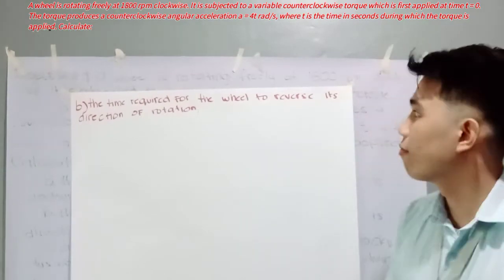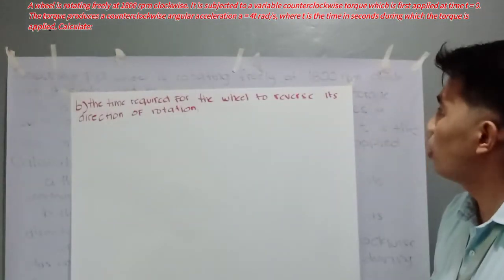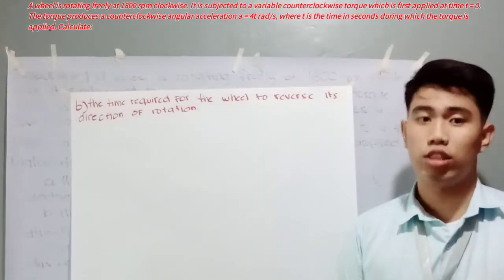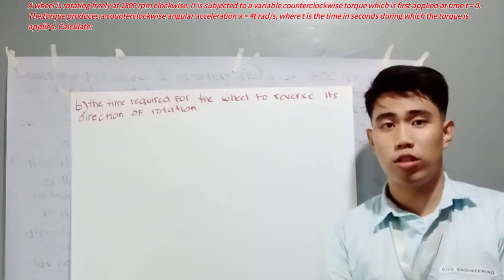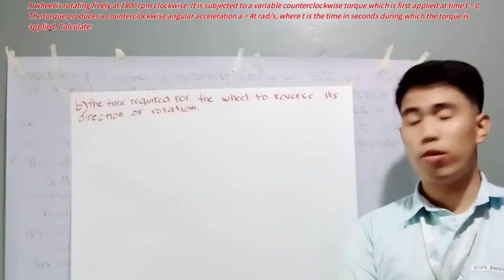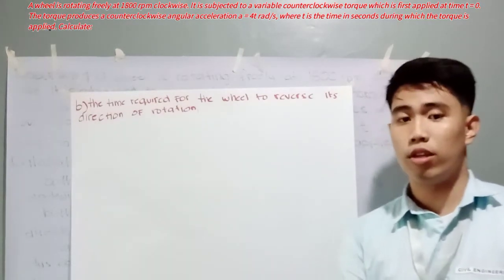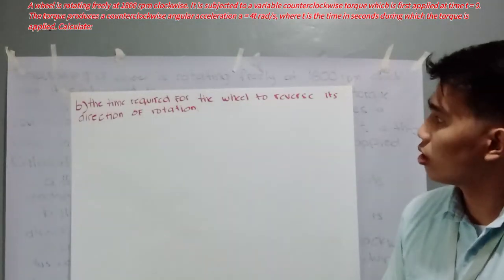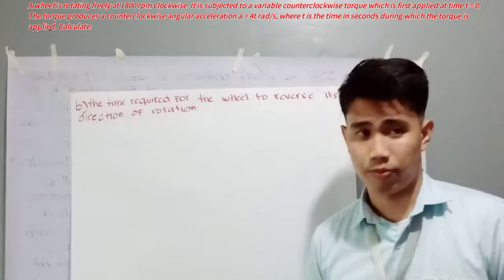So B. The time required for the wheel to reverse its direction of rotation. When the wheel changes its direction, its angular velocity is 0. That means from our recent equation from A, we substitute omega equal to 0.